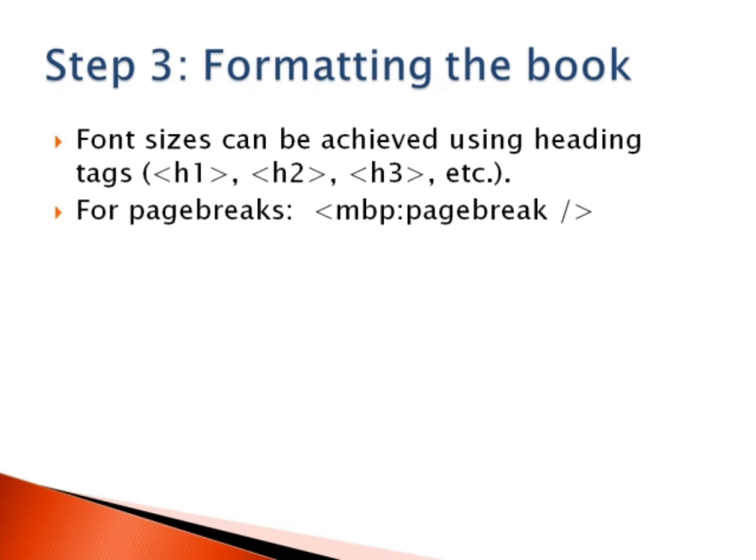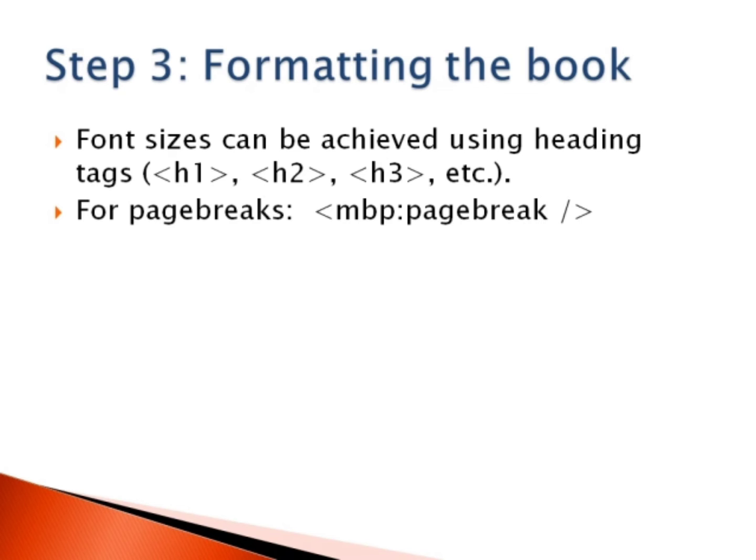Now keep in mind that with Amazon Kindle, if you have page breaks in your book and you don't tell Amazon Kindle where the page breaks are, they're just going to break it wherever they feel like it's going to break. So it's pretty much automatic.